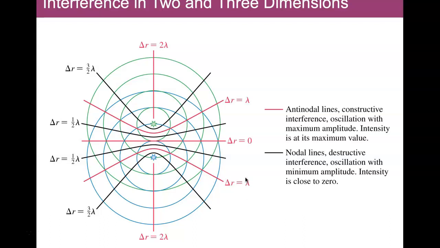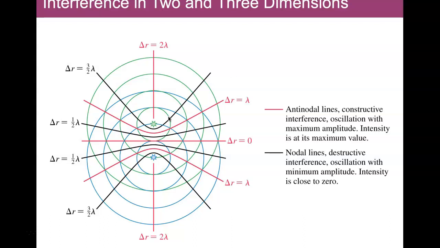And so the ones where delta R is some multiple of lambda give maximum constructive interference. They're also known as antinodal lines. They're going to be the brightest areas.